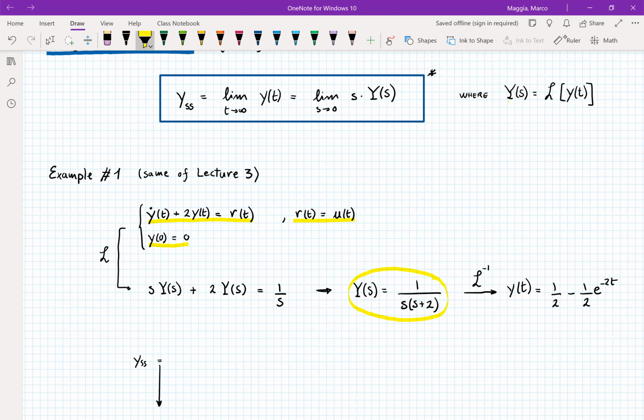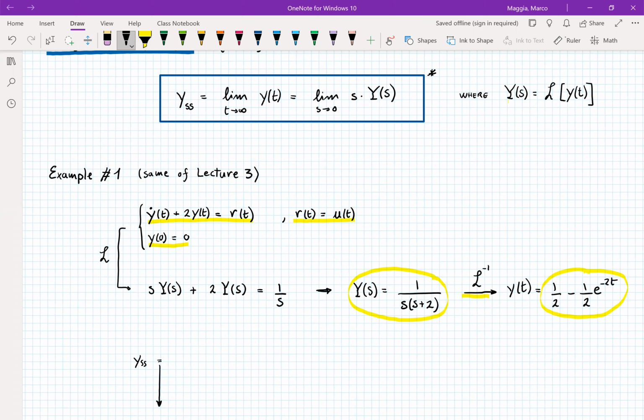I solve it, finding the output. And now we can go back to the time domain, apply the Laplace inverse transform. We did it in lecture 3. And so we have that in the time domain, y of t is equal to 1/2 minus 1/2 times e to the power of minus 2t.